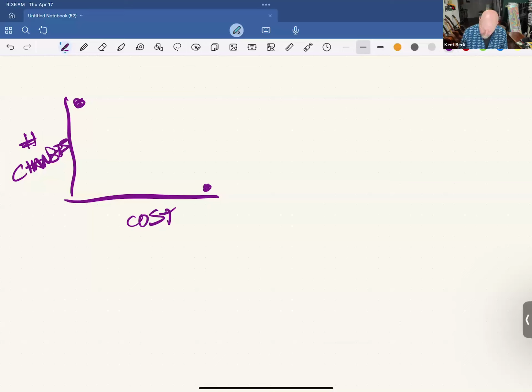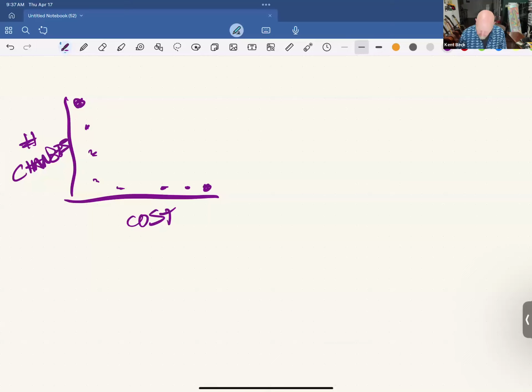The way this graph fills out, we've got a bunch of changes here that are really cheap, and then half that many changes that are half that much, and half that many changes that are half that much, and so on and so forth.